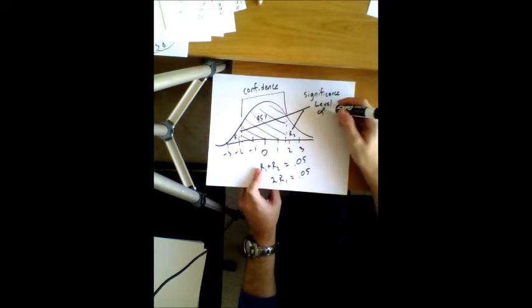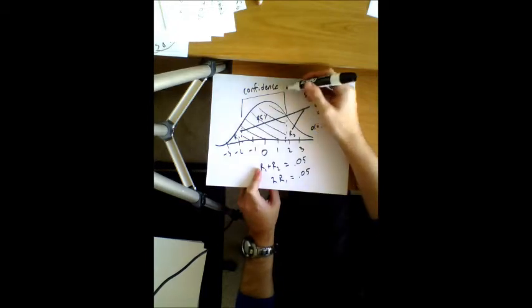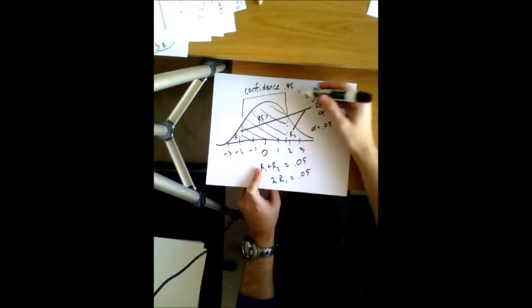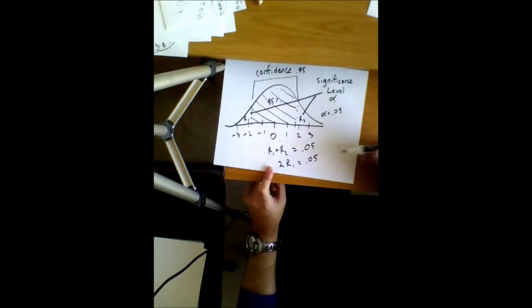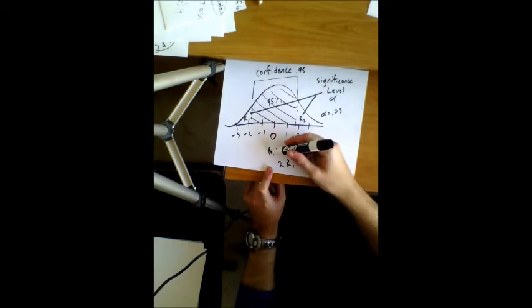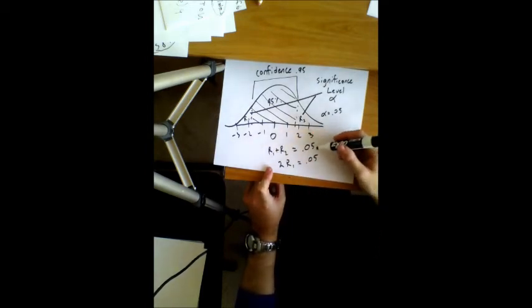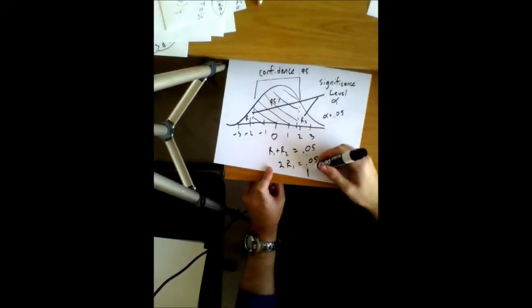Sometimes we denote it as alpha. So our alpha here is 0.05. If our confidence level is 0.95, our alpha is 1 minus 0.95, which gives us 0.05. So we've got these two regions equal to our significance level, our alpha. To solve for region 1, how much area is in there? It's half of it, right?